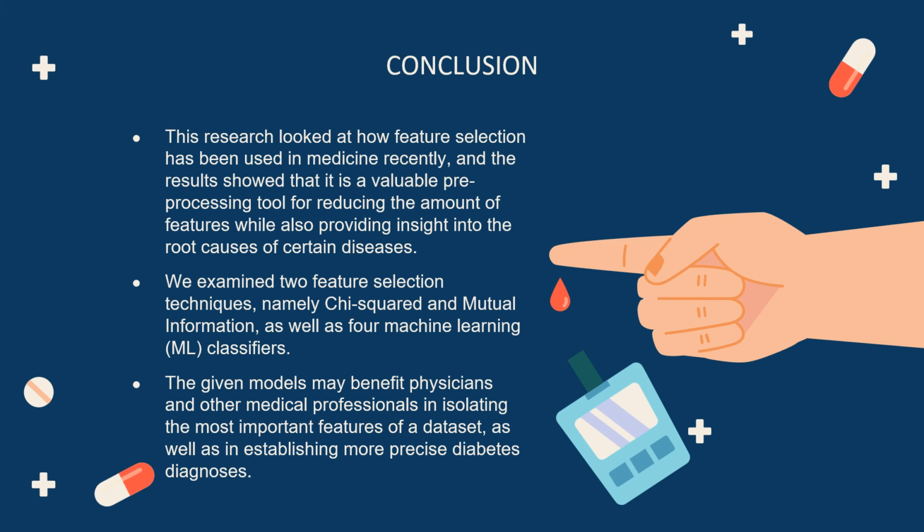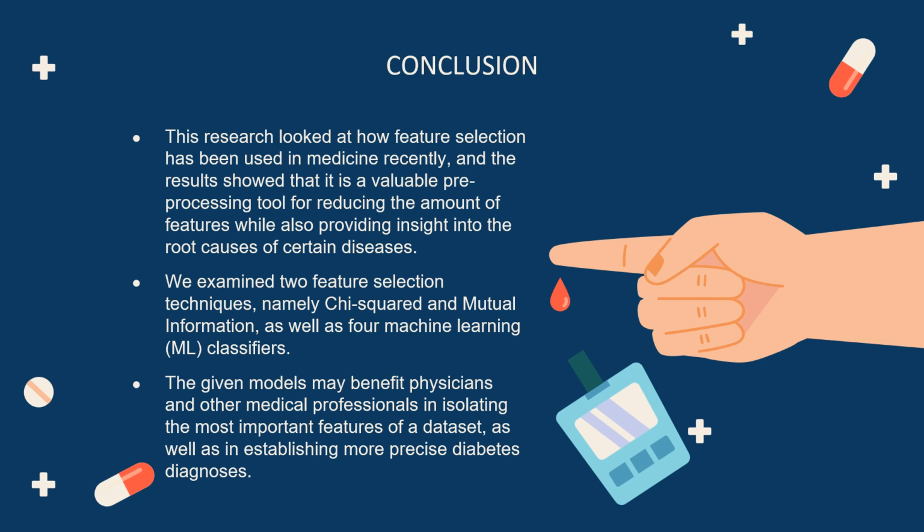So in conclusion, this research looked at how feature selection has been used in the medical sector recently, and the results show that it is a valuable pre-processing tool for reducing the amount of features while also providing an insight into the root causes of certain diseases.